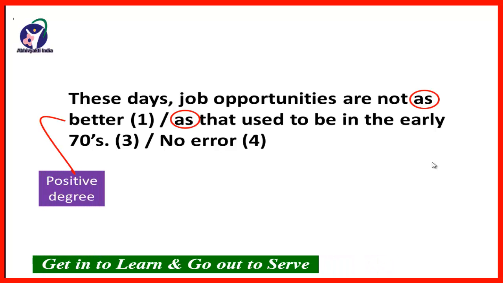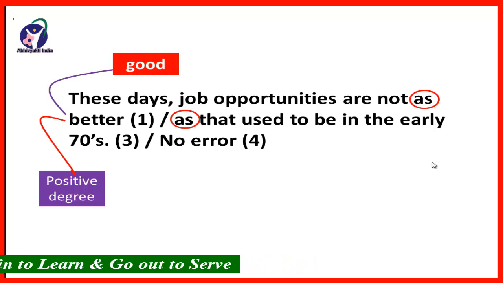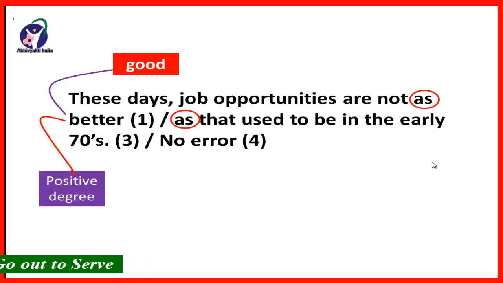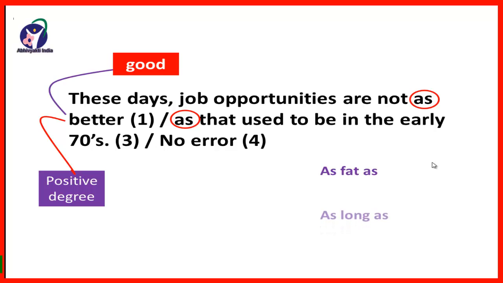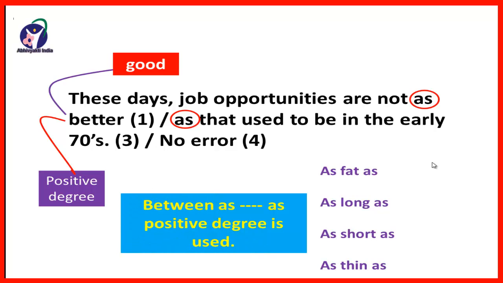Better is a comparative degree, and therefore it should be replaced by good, because good is a positive degree, and so the correct sentence will be these days job opportunities are not as good as that used to be in the early 70s. We always say as fat as, as long as, as short as, or as thin as. So remember the basic rule that between as and as positive degree is used.